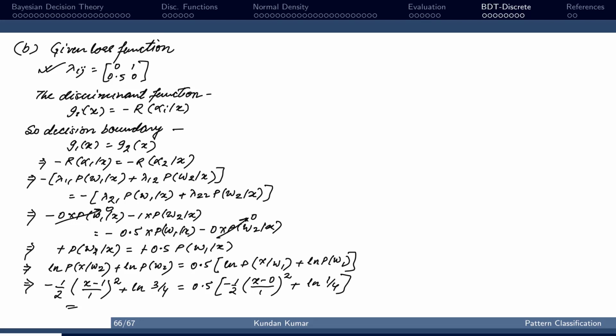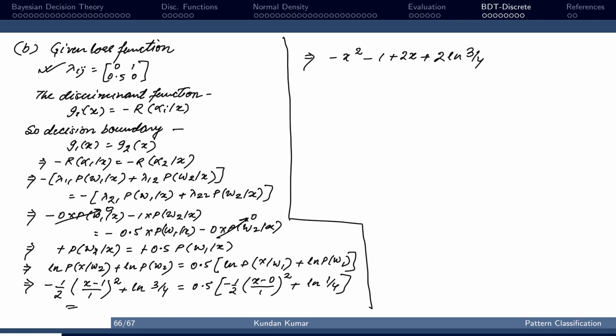Okay. So now we can write this expression as minus x square minus 1 plus 2x plus 2 ln 3 by 4. This will be the simplification of the left hand side, and on the right hand side we will have minus 1 by 2 x square plus ln 1 by 4.